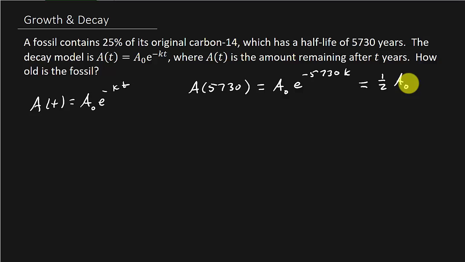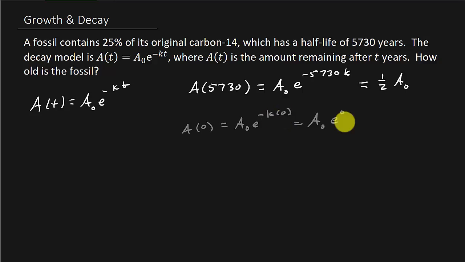If we plug the 5,730 in for t, we should get half of the initial amount, so half of A naught. How do we know A naught is the initial amount? Remember, the initial amount is the amount present at time t equals 0. You can verify that if you take A of 0, plugging 0 in for t, that's A naught e to the 0.